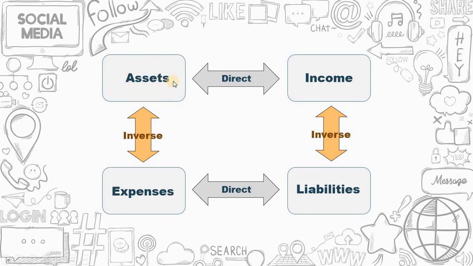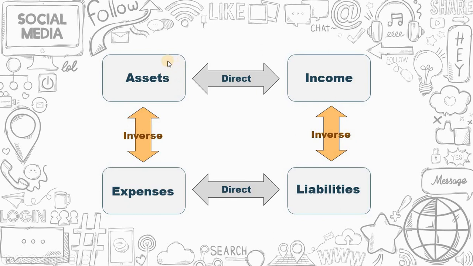And what is the relationship of an asset with income? It is direct, which means that if the ending inventory is overstated, the income is also overstated. And why is income overstated if the ending inventory is overstated?